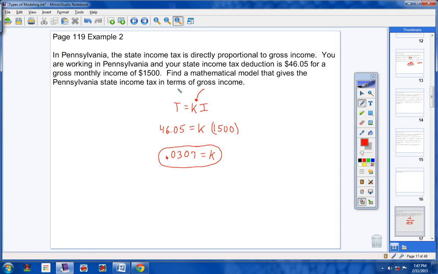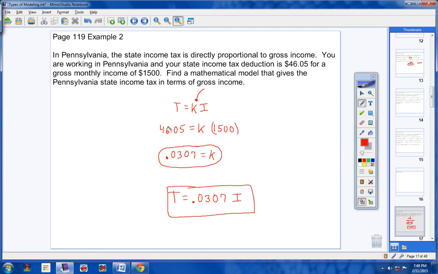I also asked you to find a mathematical model that gives the tax in terms of the gross income. So tax comes first. Then where my k is, I put 0.0307, and then I. So there it is, guys. We're done. Is that not a mathematical model that gives the tax in terms of the income?